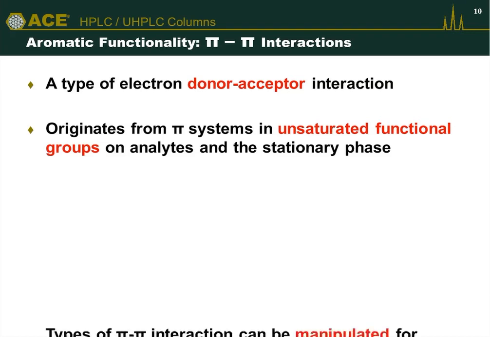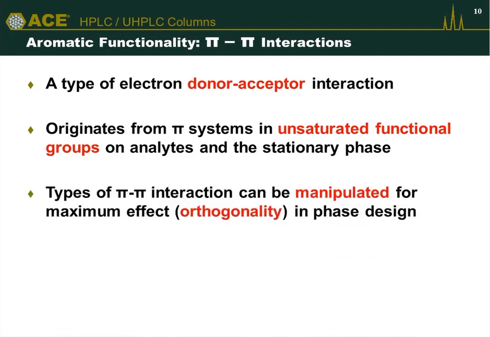And it's that interaction that gives them unique selectivity. Now, these types of pi-pi interactions can be manipulated depending on the type of substituents that you attach to the ring system. So you can actually maximize the orthogonality or the differences between stationary phases as part of phase design.